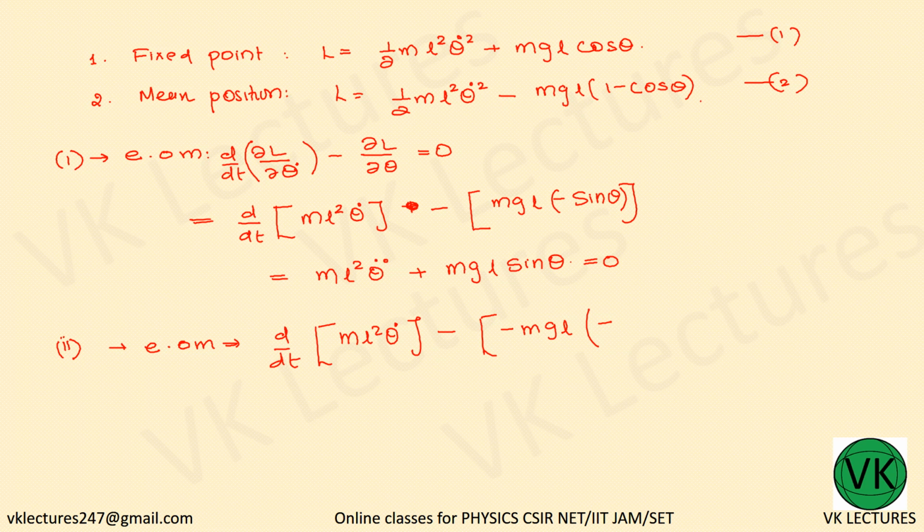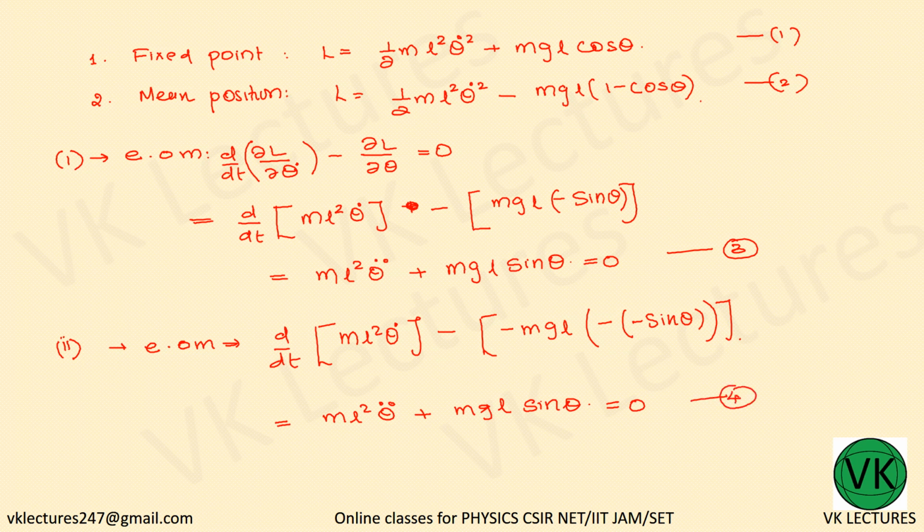Cos theta derivative is minus sin theta. So that gives ml square theta double dot, minus minus plus, and minus minus plus, so this gives you mgl sin theta. So though the Lagrangians are different, the Lagrangian equations of motion are the same.